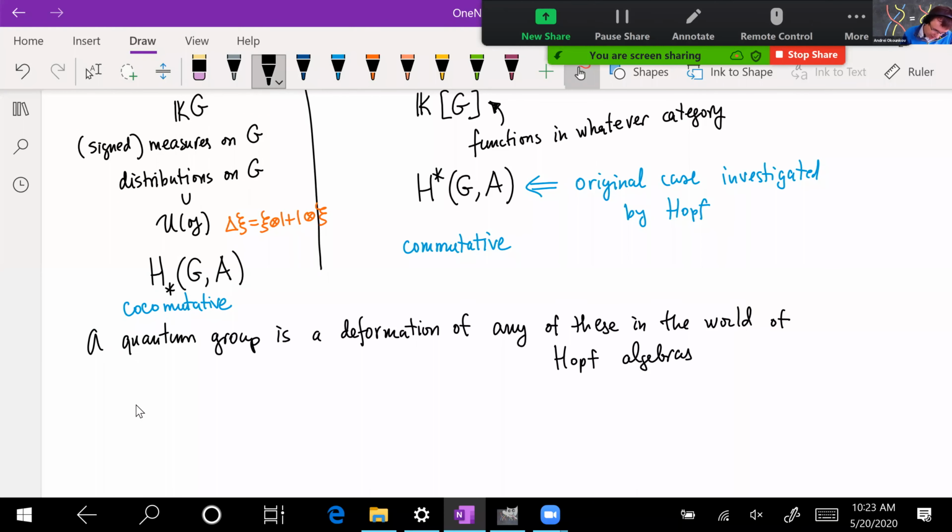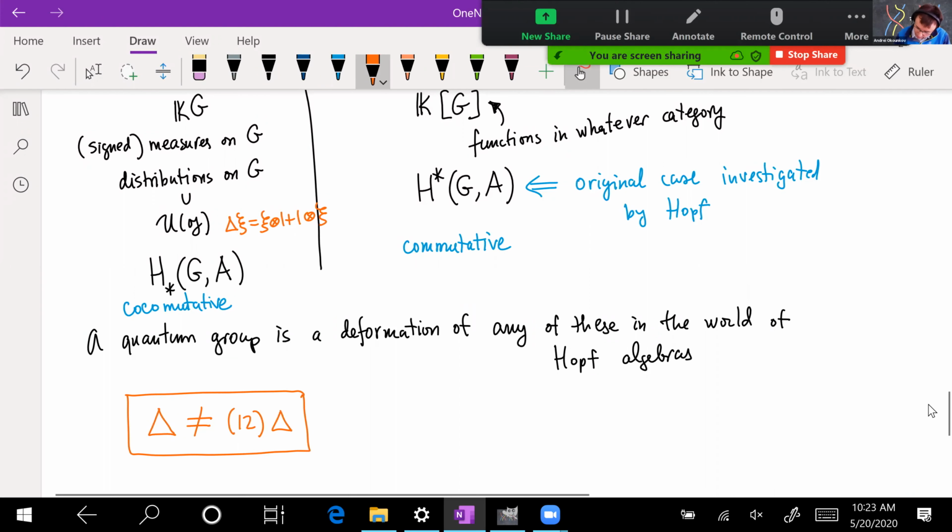It means if I have my product, and this is an important piece, the co-product, this is in general not equal to the co-product with the factors permuted. That's the deformation that we want. If I take the co-product and permute the factors, that's a different co-product.